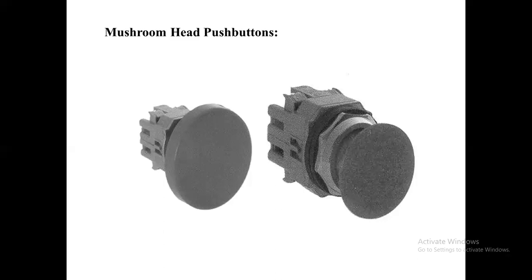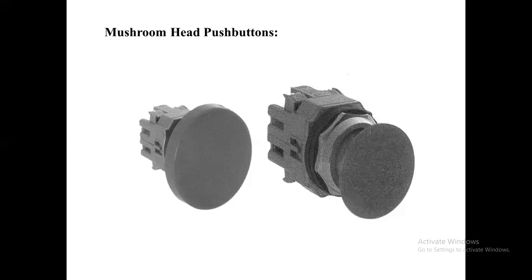The mushroom head is always red, and the switch is used to shut off the power to the control of a machine when the switch is pressed in. In order to restart the machine, the e-stop switch must be pulled to the out position to apply the power to the control before attempting to run the machine or engine.